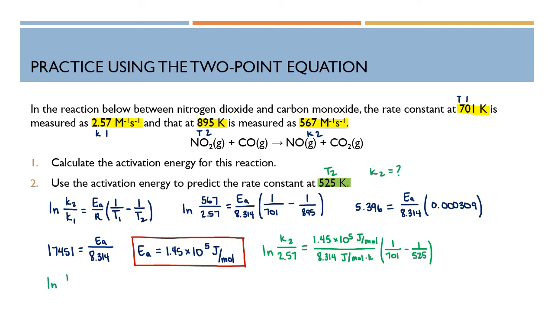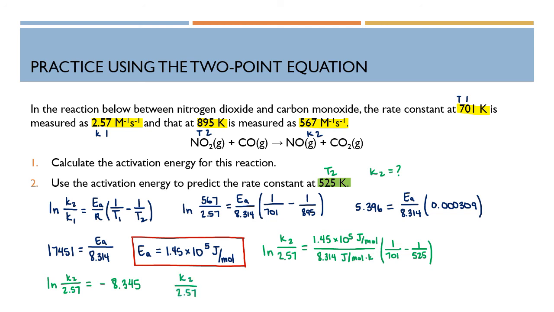So I'm going to type that whole right-hand side into my calculator. The left-hand side I'm just going to leave for the time being. If I take 1.45 times 10 to the 5th divided by 8.314, and I multiply that by the difference between 1 over 701 and 1 over 525, hopefully I didn't type anything into my calculator wrong, I get negative 8.345.